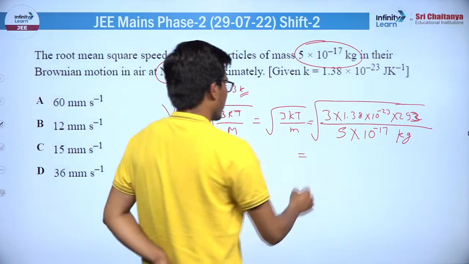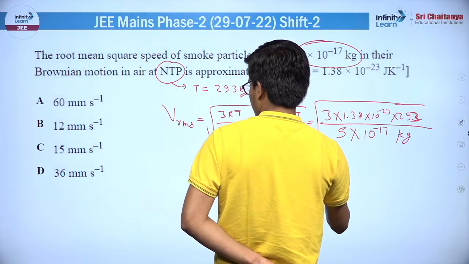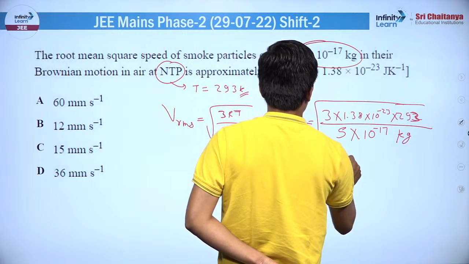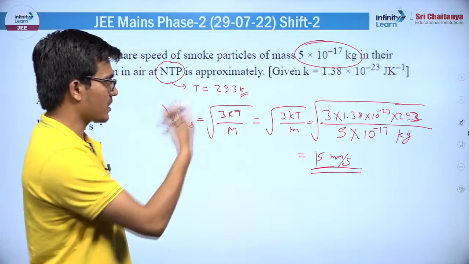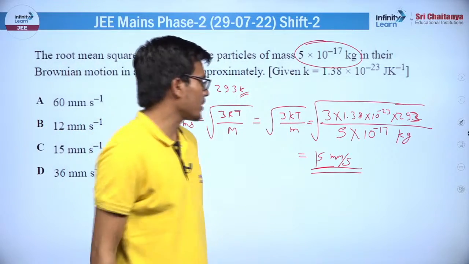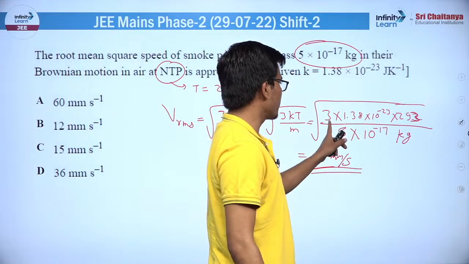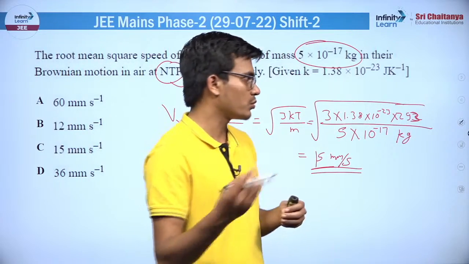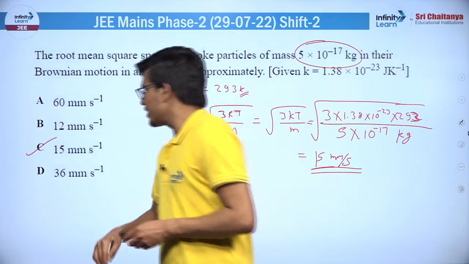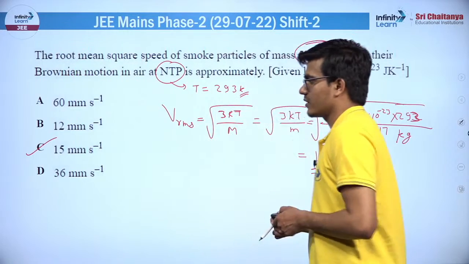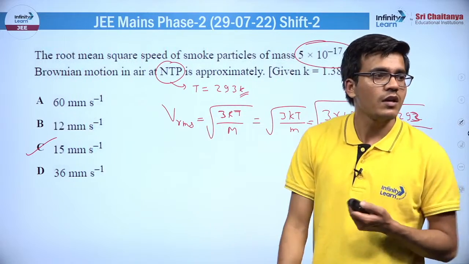If you will take its square root, by seeing the options it seems that answer will be 15 mm per second. Answer will be 10 to the power minus 6, and minus 6 square root will be minus 3. So yeah, it has to come in mm, and 5 60, 3 180, 180 point something, 200 and 225 square root is something, yeah, it will be 15 mm per second. I am just calculating approximately because we have the options properly.